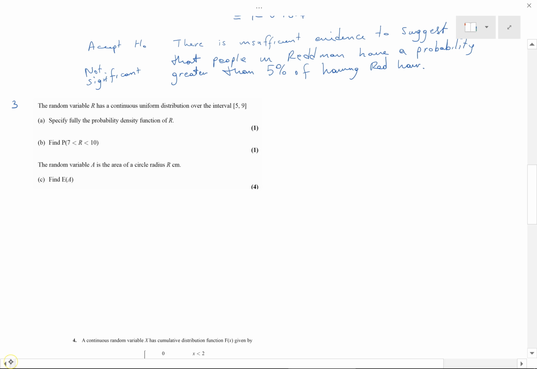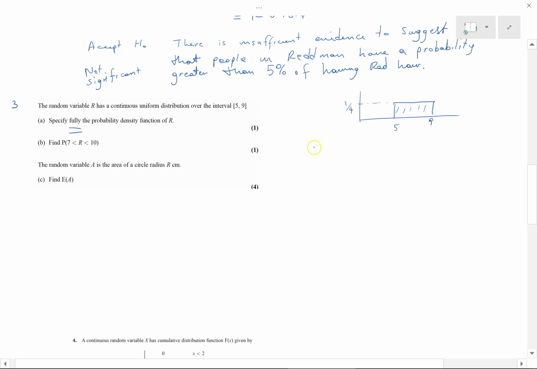Okay, so this is a continuous uniform distribution. This one goes between 5 and 9. Rather than just remembering the formula, it stands to reason that the probability must be a quarter there, because the area underneath has got to be equal to 1. So my PDF, we're making us work for our 1 mark here because it says specify fully.